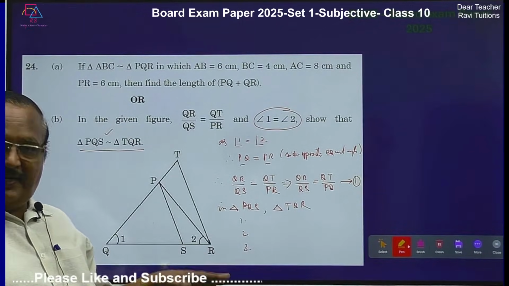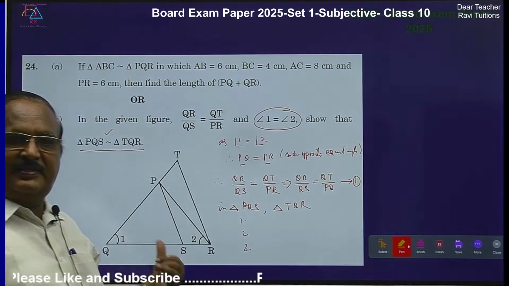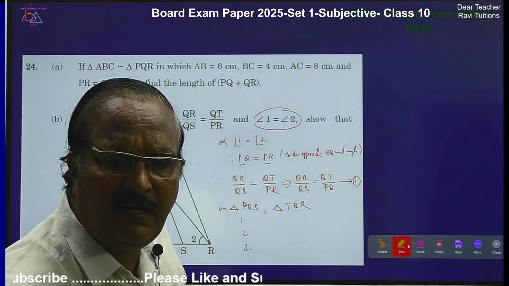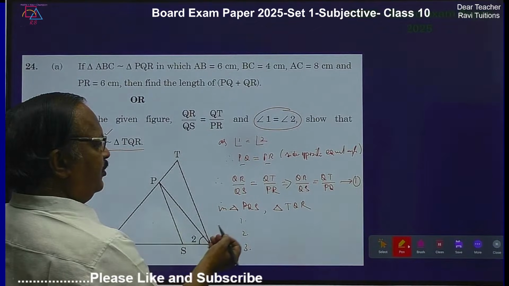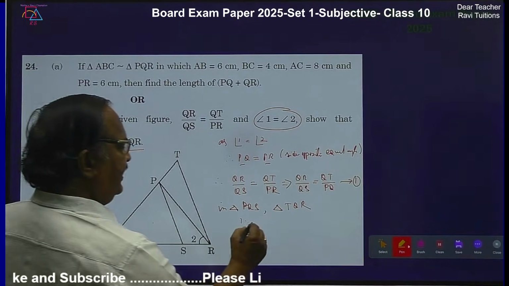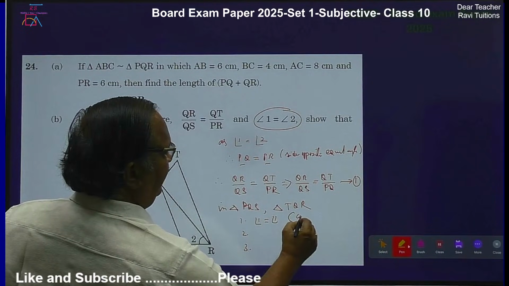So let us see what criterion will get applied in this. Okay. So first, angle 1 is equal to angle 1, in both the triangles angle Q is there, common angle.